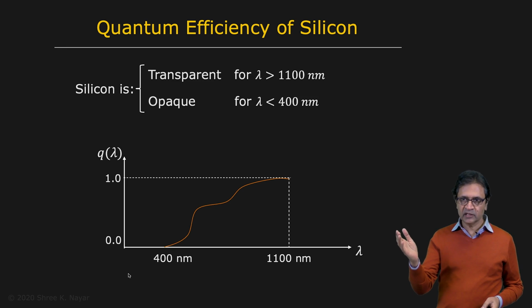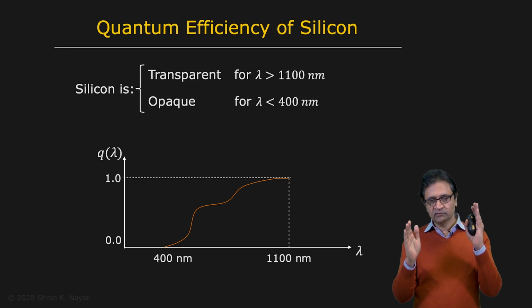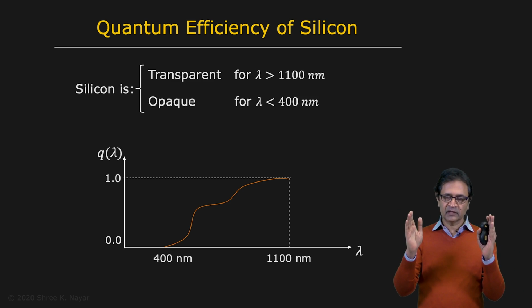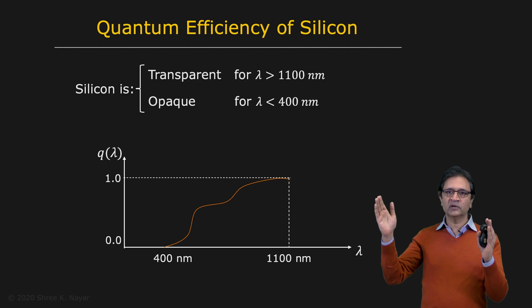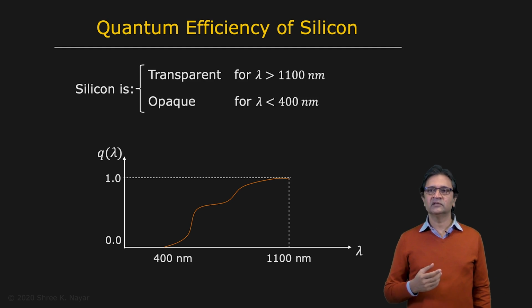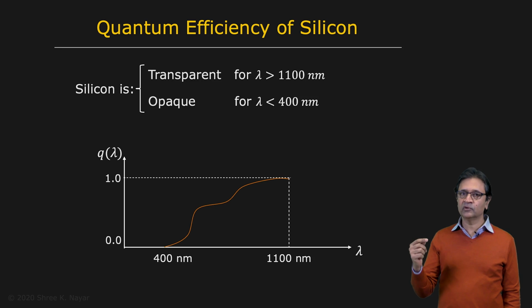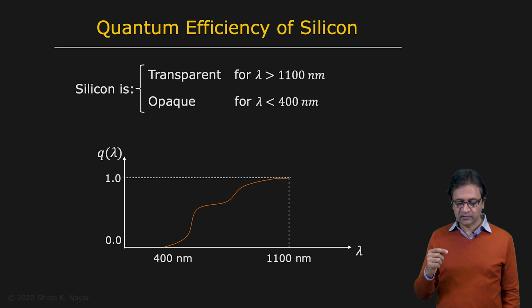In the case of silicon, remember that visible light is between 400 nanometers and 700 nanometers. Now, when you go to somewhere around 1,000 nanometers, it turns out that silicon's quantum efficiency is 1. It's almost perfect, meaning that every photon it receives of that wavelength gets converted to an electron.